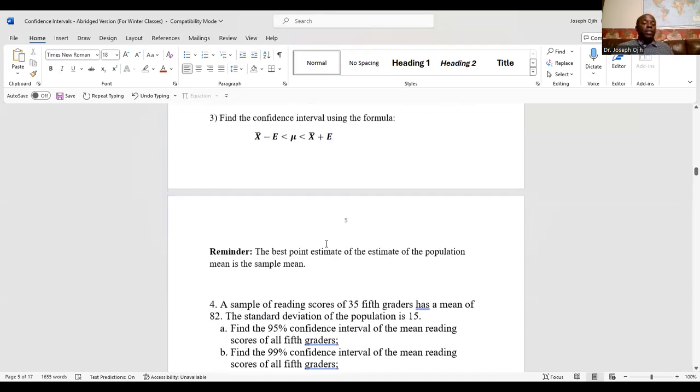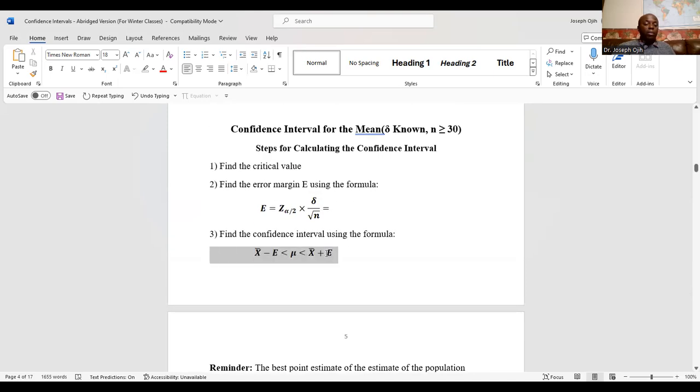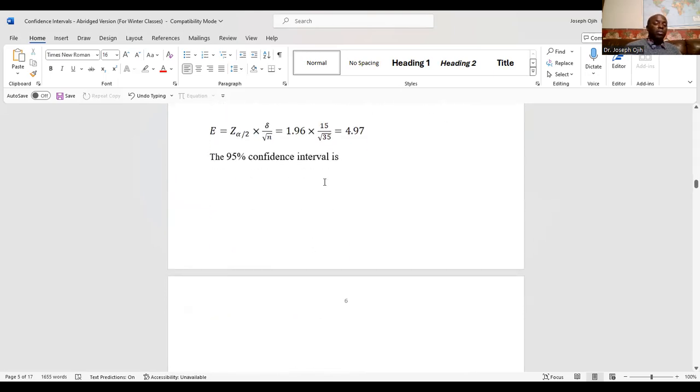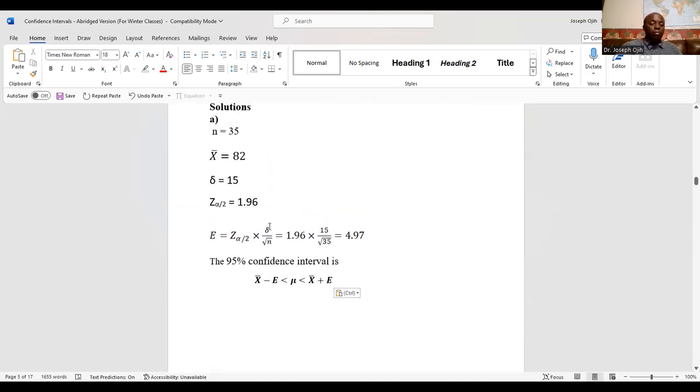Remember the formula we have over there: x bar minus error less than the mean less than x bar plus error. So that's the formula we're going to use. And our x bar is 82. So you have 82 minus the error, and our error is 4.97.